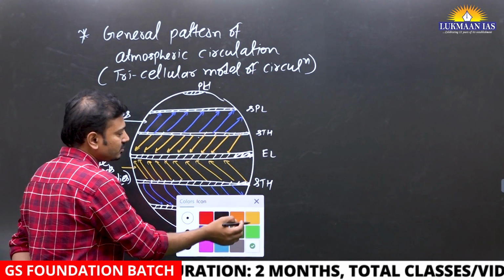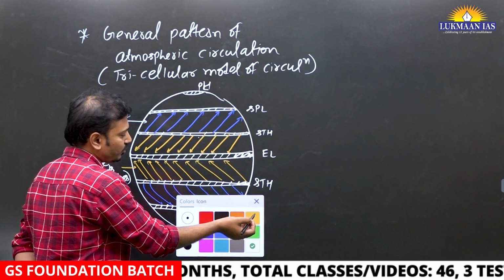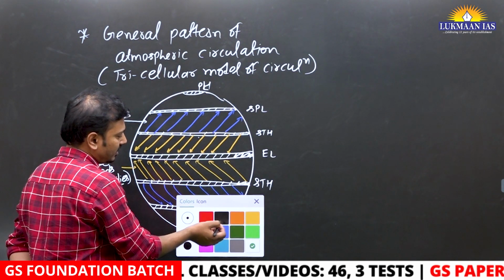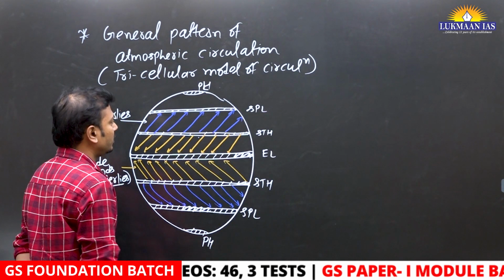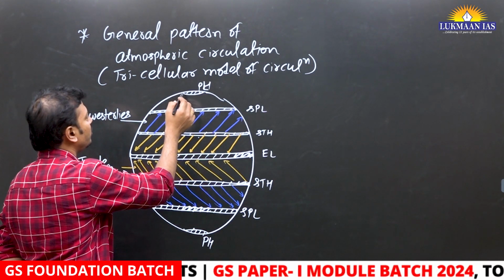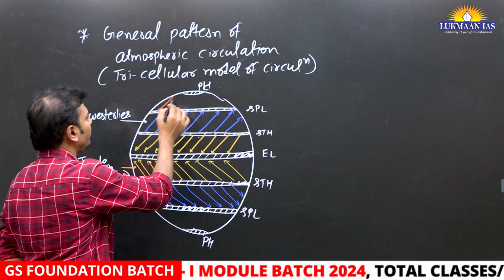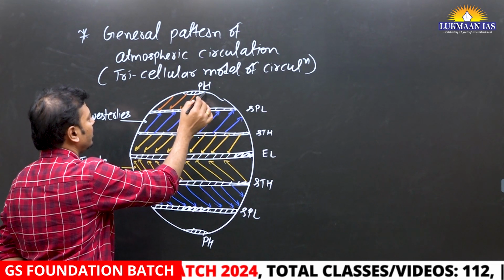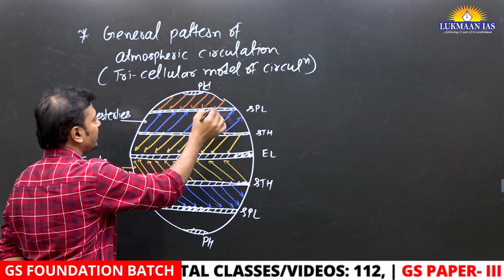Thereafter, polar high to subpolar low. So there again we have movement of winds. Now they are moving in this manner, deflecting to their right.